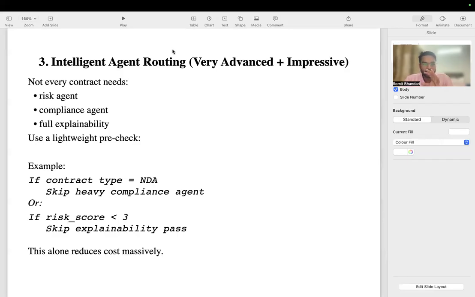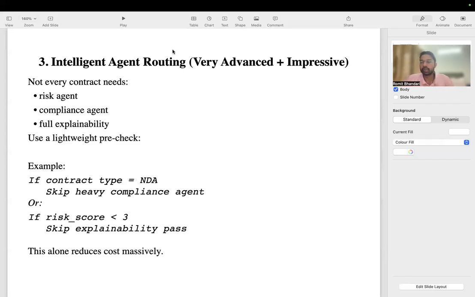So you can basically, based on the contract type also, skip a step, and even based on the risk score, you can skip your third step of explainability if you are having that, and so on and so forth, right?